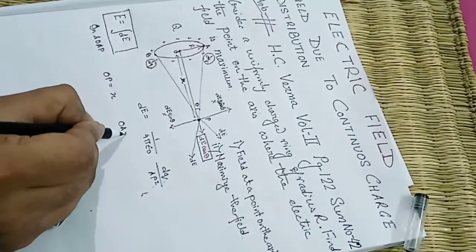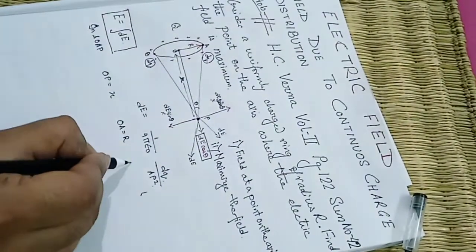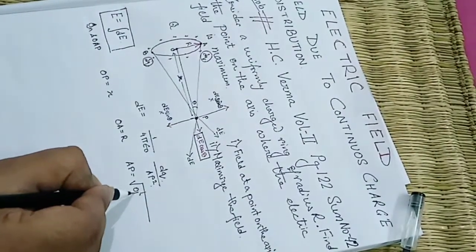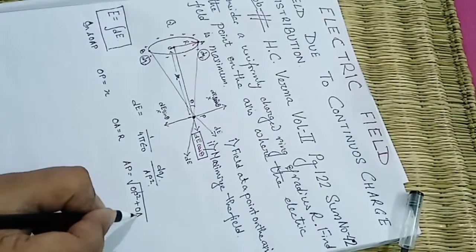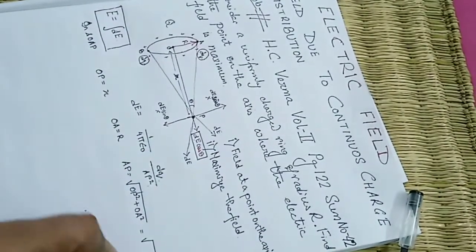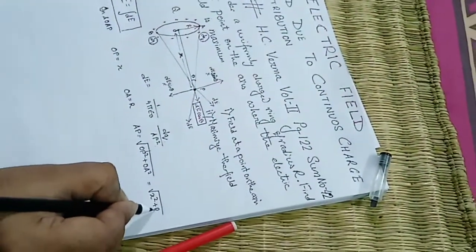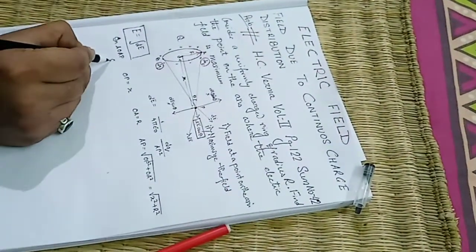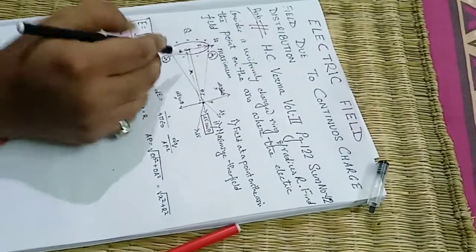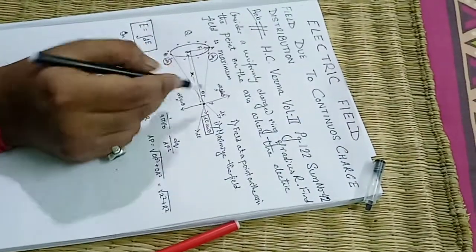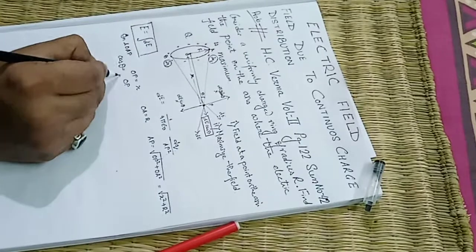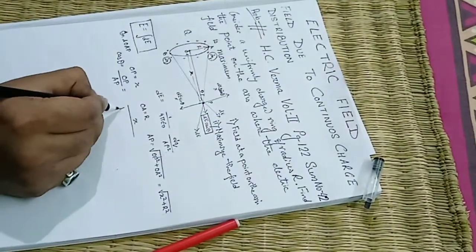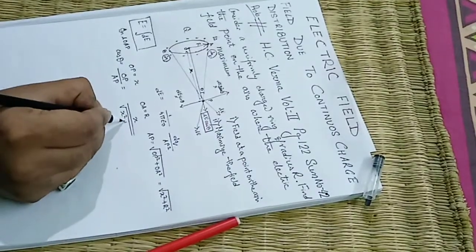OA equals to R, therefore AP is equals to root over OP square plus OA square equals to root over x square plus R square. Similarly, in triangle OAP, cos theta will be base by hypotenuse, that is OP by AP equals to x by root over x square plus R square.